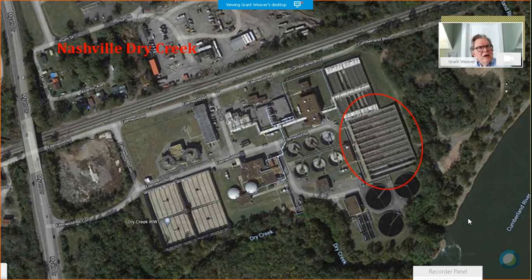The idea was if you create a low oxygen zone followed by a high oxygen zone, that low oxygen zone is going to kill off the filaments that will thrive in the high oxygen zone.